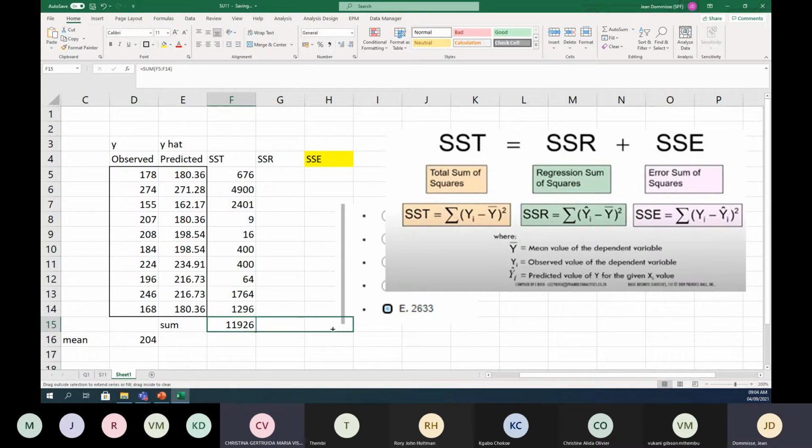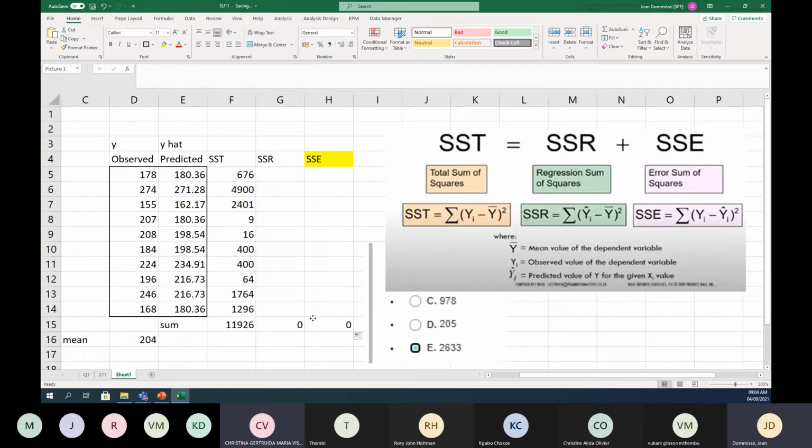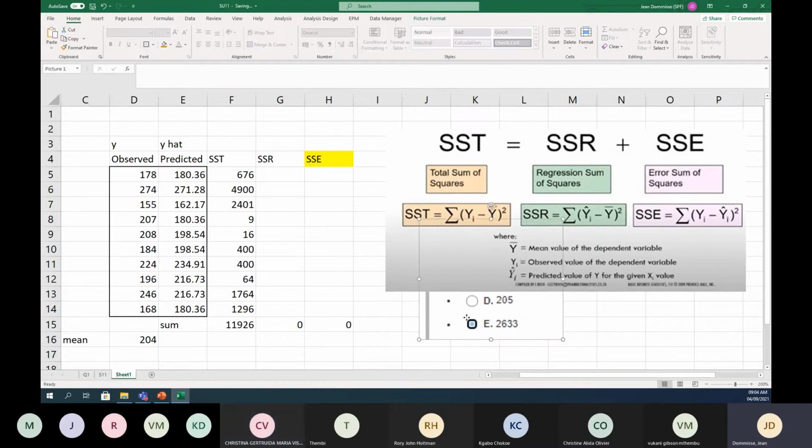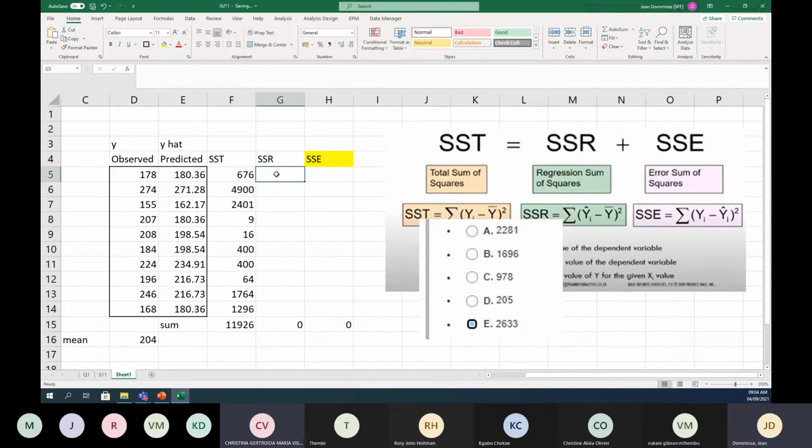Okay, and now let's hope when we calculate this that we do get the same answers. Okay, so SSR would have been your predicted value minus the mean. Let's do that.